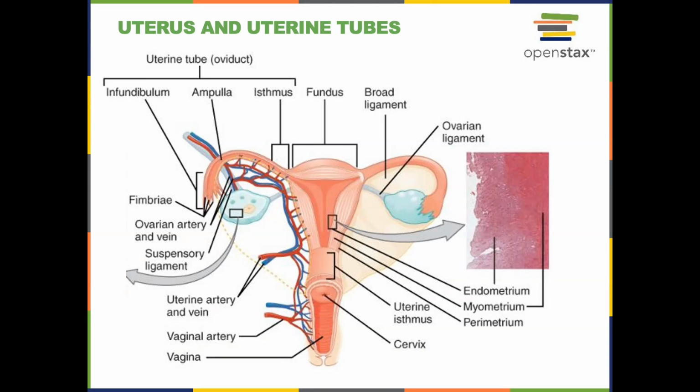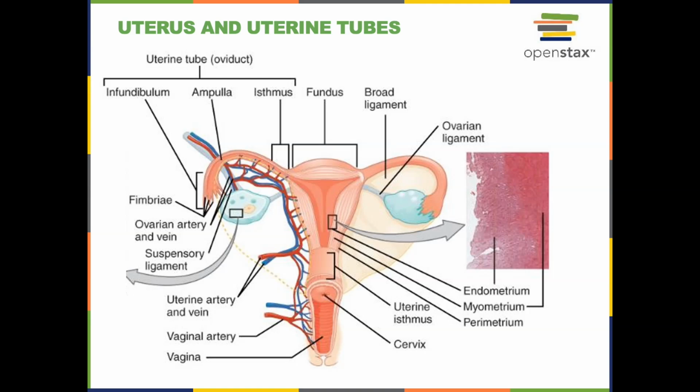The myometrium is the thick middle layer of the uterus, consisting of smooth muscle, and is responsible for the uterine contractions during childbirth. The outer layer of the uterus is the perimetrium, a serous membrane continuous with the broad ligament and the peritoneal membrane.